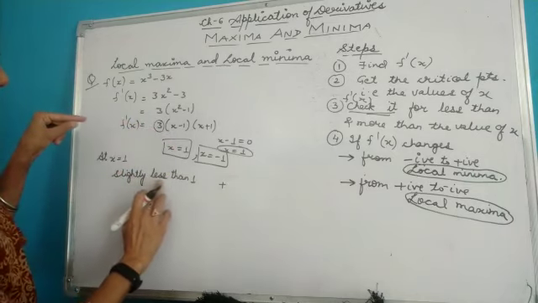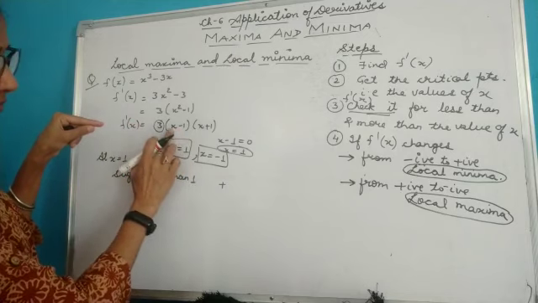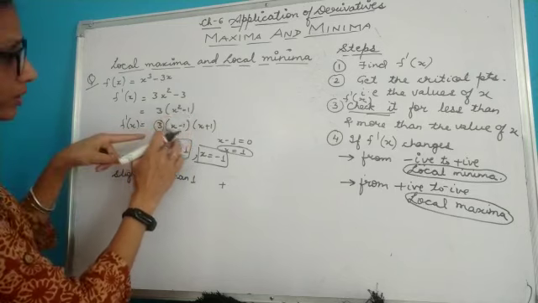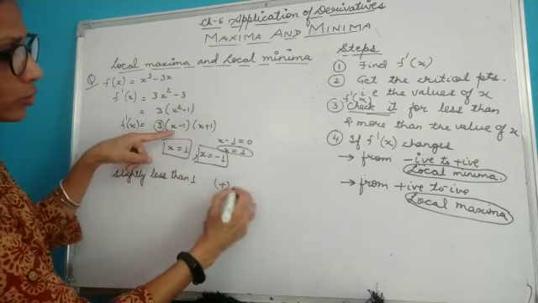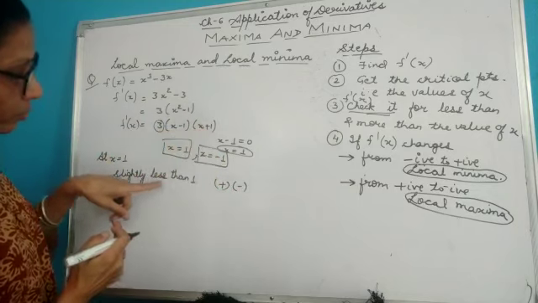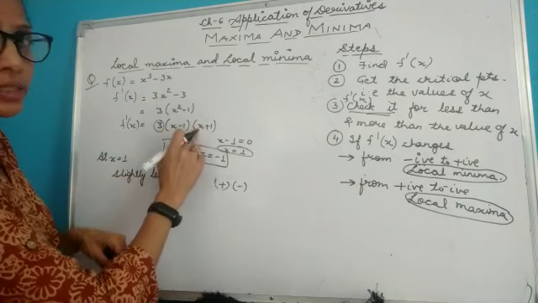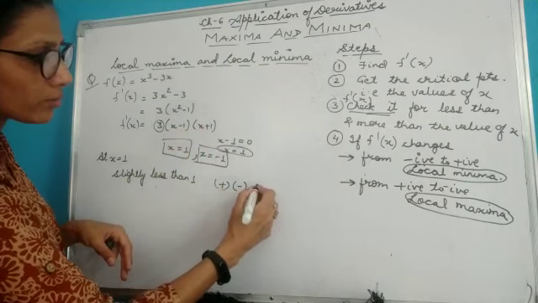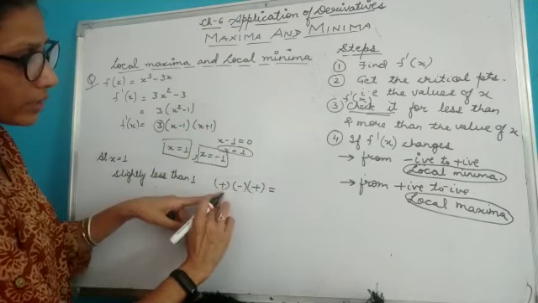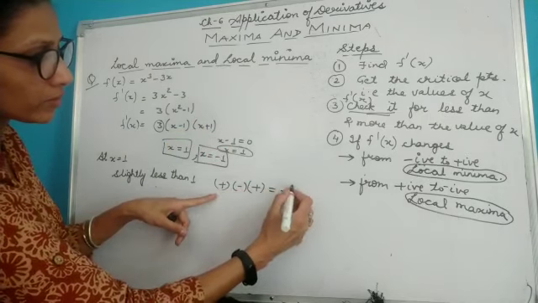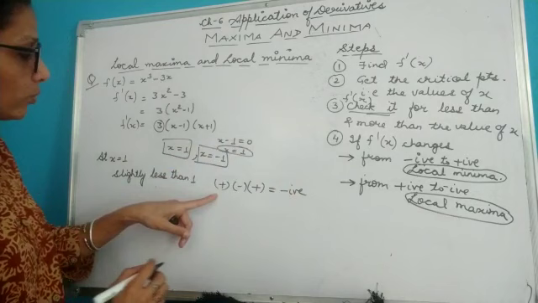Here if I take slightly less than 1, let's suppose 0.99, then x minus 1 becomes negative. So this will be a negative value. And 0.99 plus 1 will again give me a positive value. So in total, positive into negative is negative, negative into positive is negative. So I am getting a negative value over here.